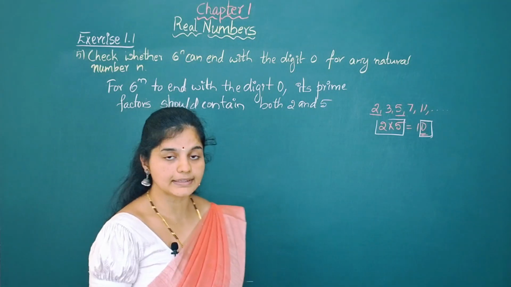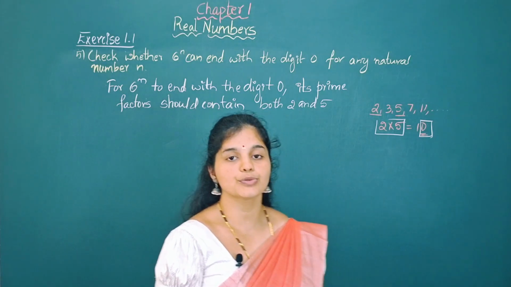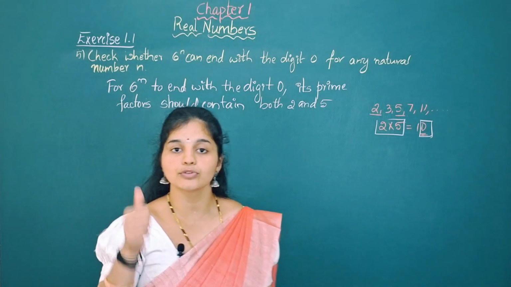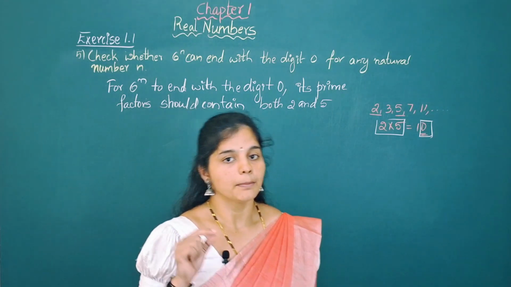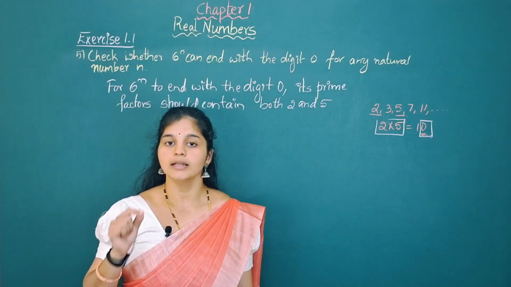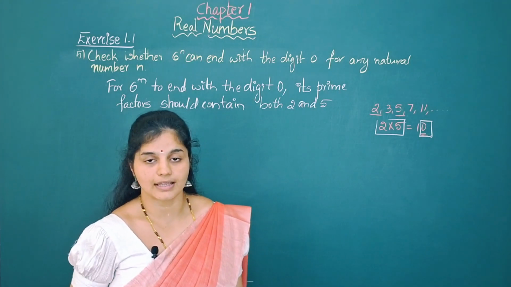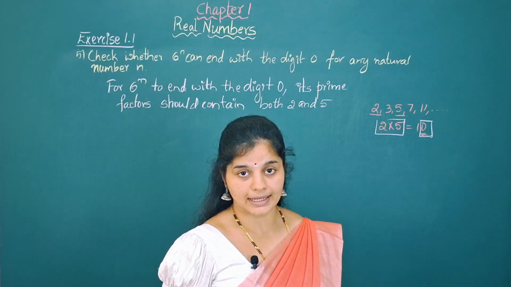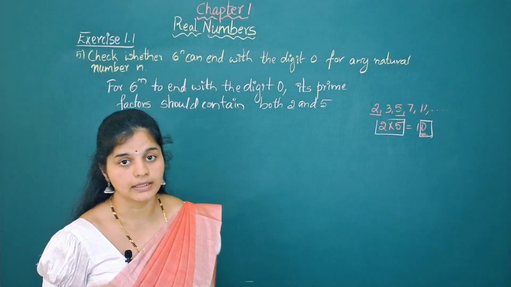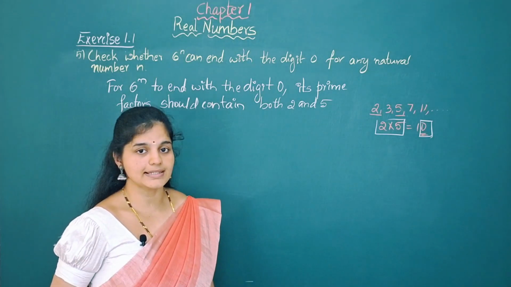So the prime factors of the number 6^n should have the factor 2 as well as 5. When we do prime factorization, 2 and 5 should both be obtained as prime factors. Only in that case can 6^n have digit 0 at its end.